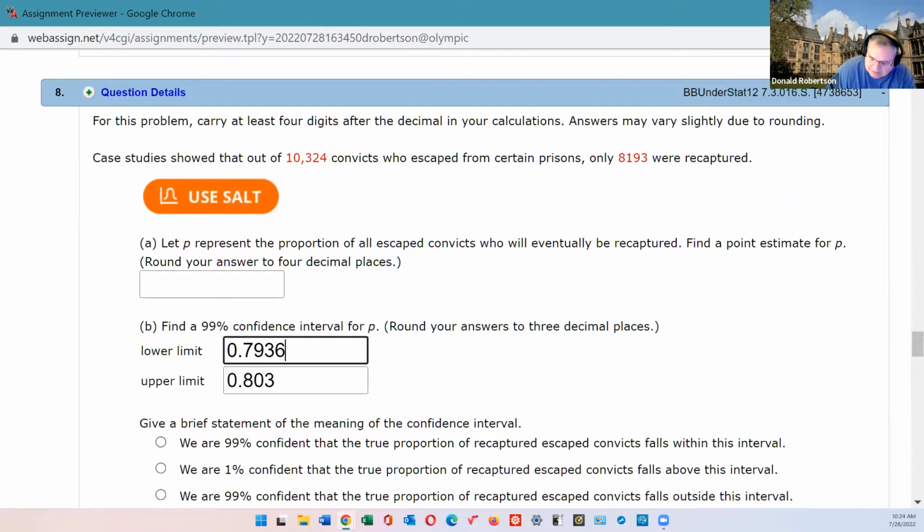There you go. And p hat, I got this guy here, goes here. And to 4 decimal places. Oh, I put that guy in, right? Didn't I? Go figure. And the lower limit then is this fellow. Right. So after a few changes, I finally got everybody in the right place.